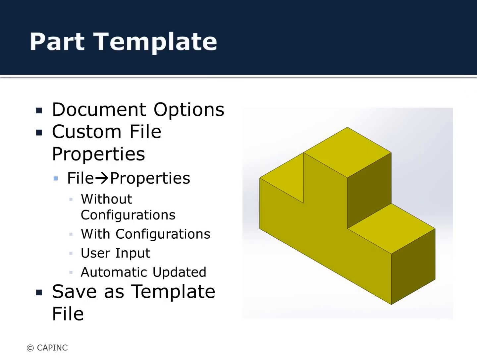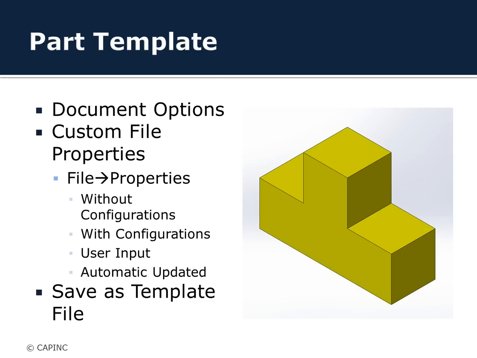There are two different ways of setting up your file properties. One is called a user input, and basically that just means you get to type in whatever you want. If you want a field that says part number, this is going to be something that the user is going to have to type in themselves. However, there are some that are automatically updated, and you can link them to a property inside of SolidWorks. A good example of this would be material.